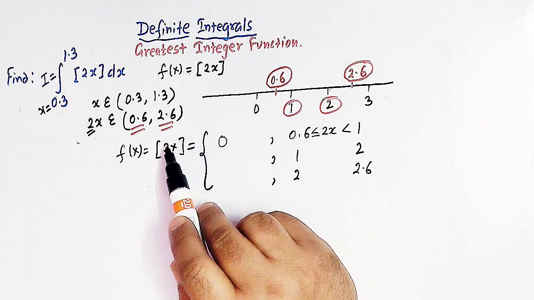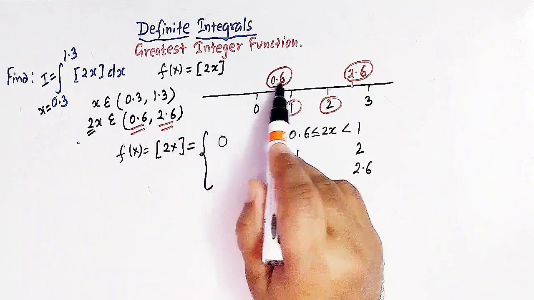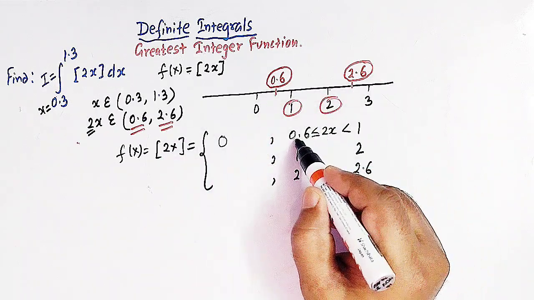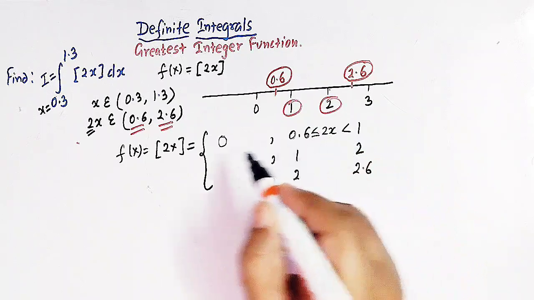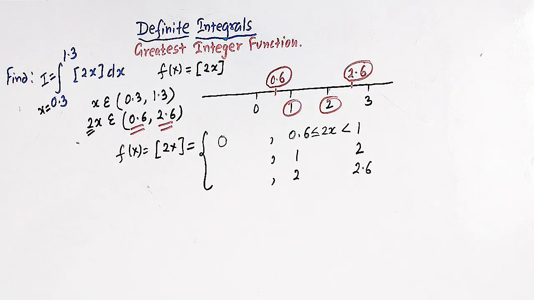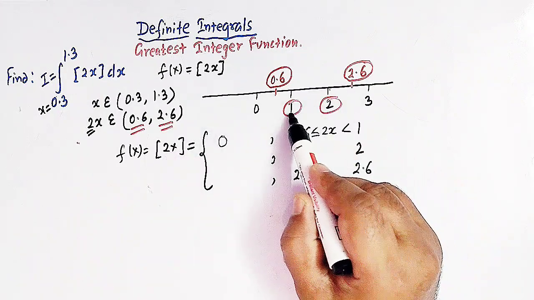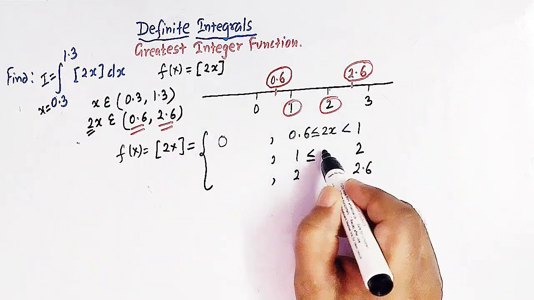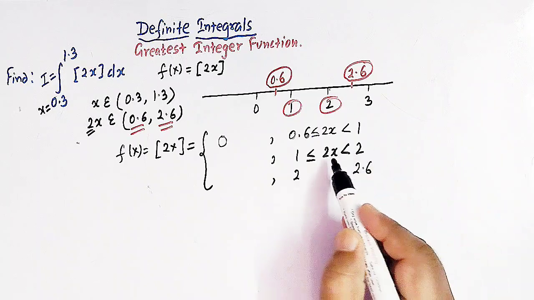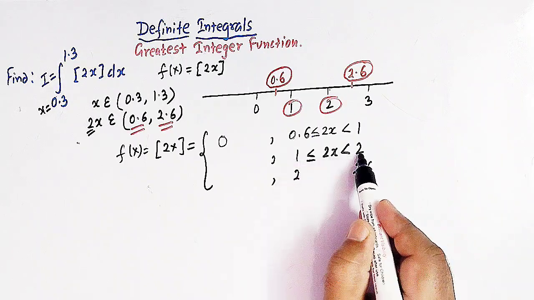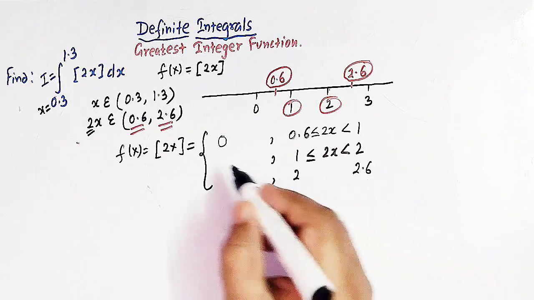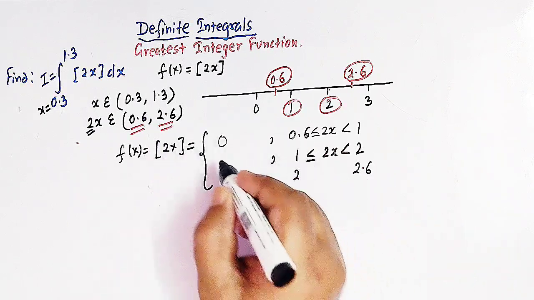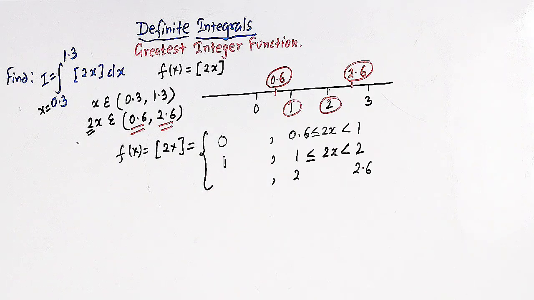Because when 2x lies between 0.6 and 1, then the value of greatest integer of 2x must be equal to 0, right? Now when 2x lies between 1 and 2, so here we will write 2x, right? So when 2x lies between 1 and 2, then again by definition of greatest integer function, the value of greatest integer of 2x must be equal to 1, right?